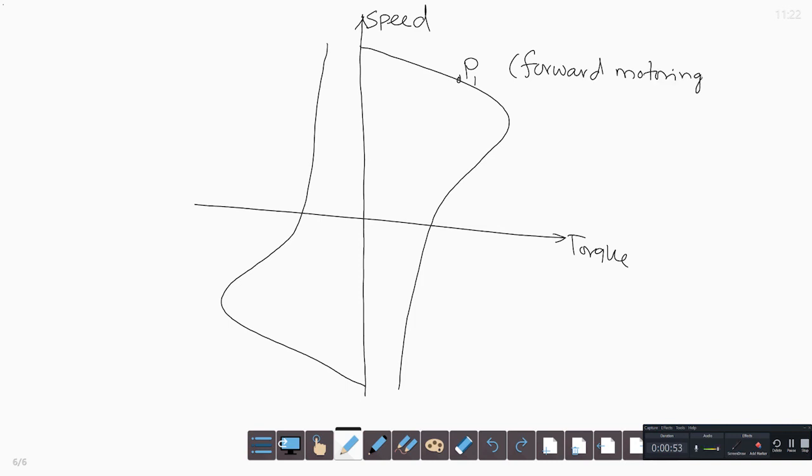At this point, the phase sequence is reversed and the direction of relative speed reverses. So the torque becomes negative and it is a braking torque, and the operating point changes to the second quadrant. It takes this path and comes to P2, where speed is 0, but torque is not 0.